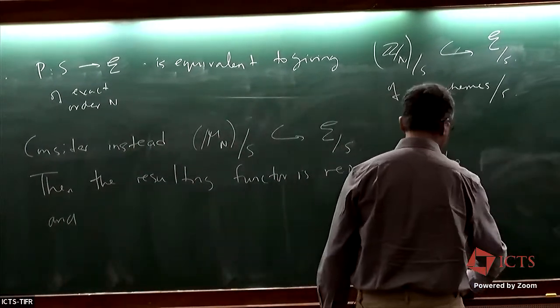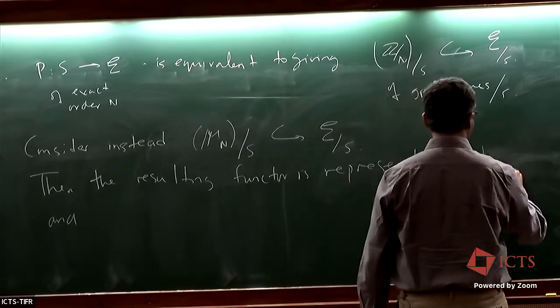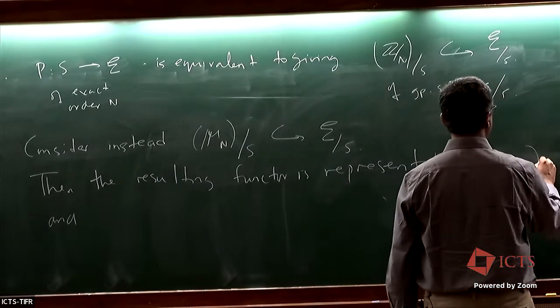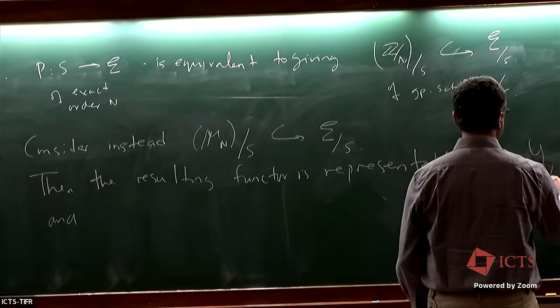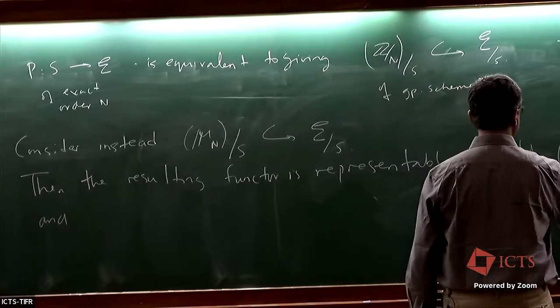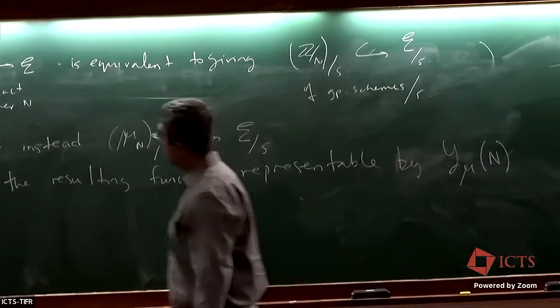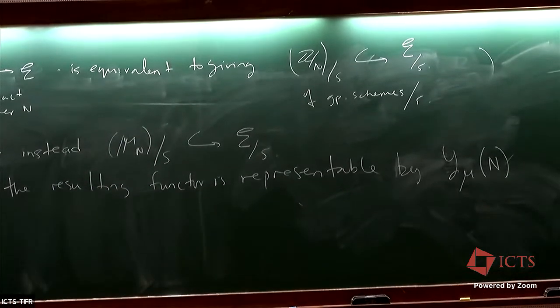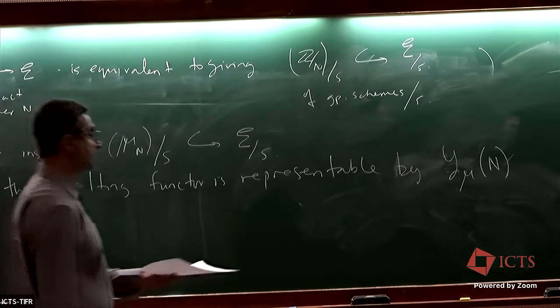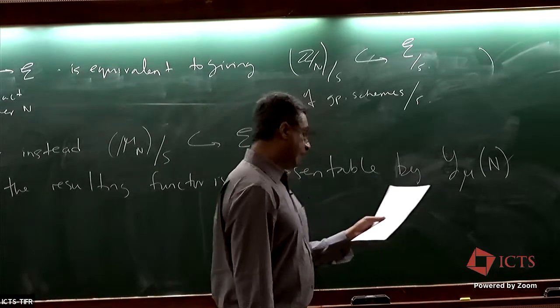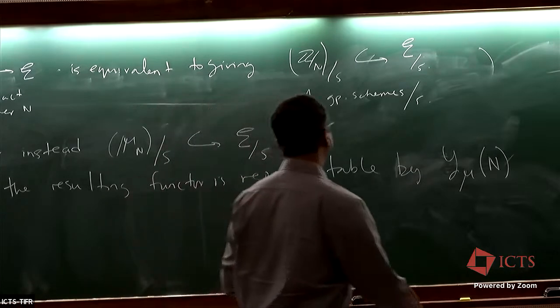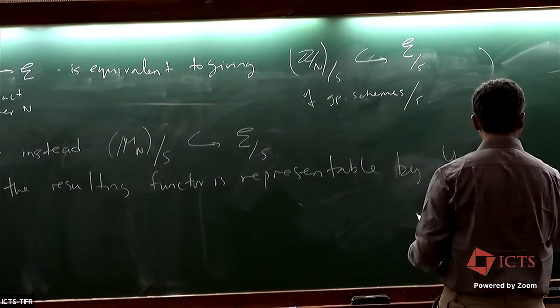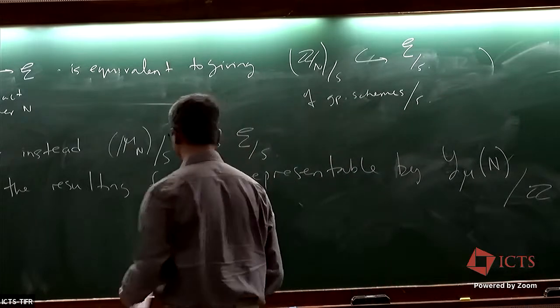Let's give it a name. They call it Y mu n. The mu is different from my mu, the blackboard bold mu, whereas they just write a single mu for some reason. But anyway, let me just use their notation. So Y mu n over Z. This is a Z-scheme.